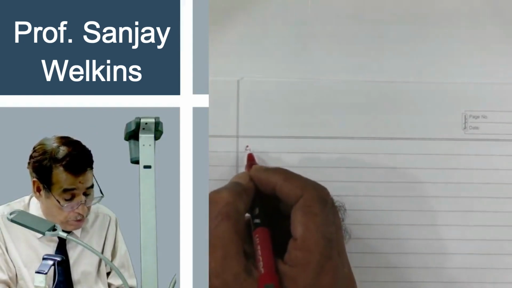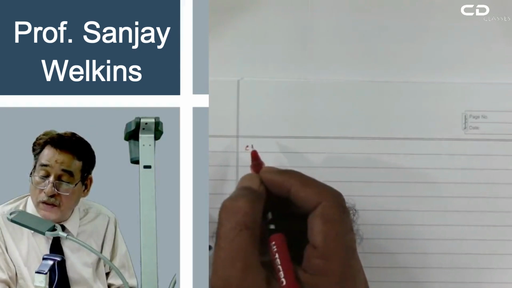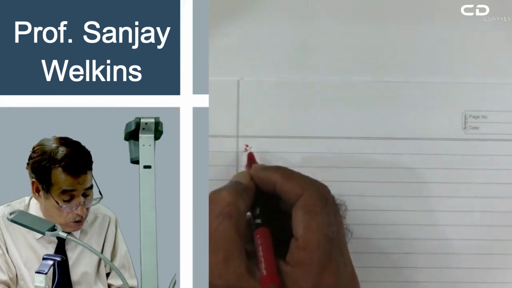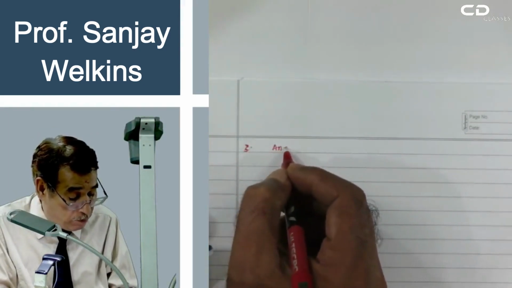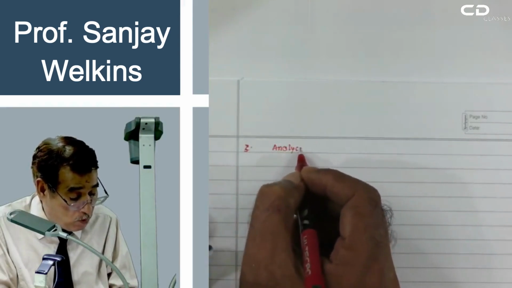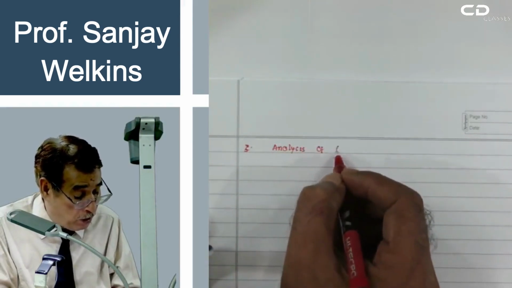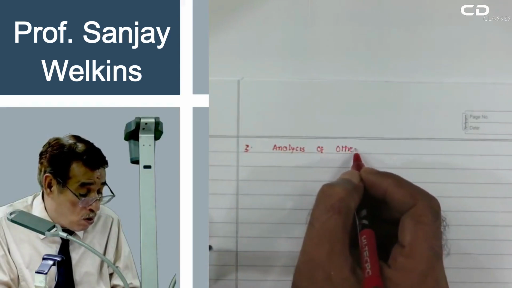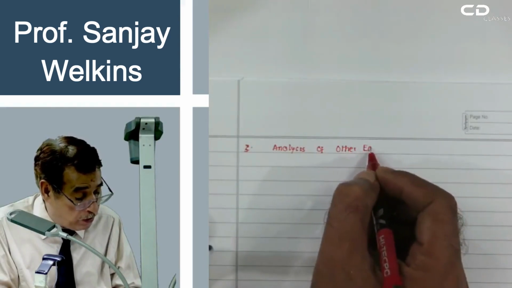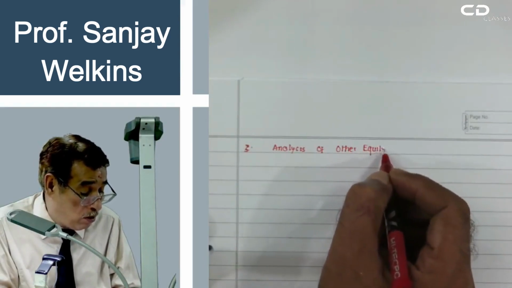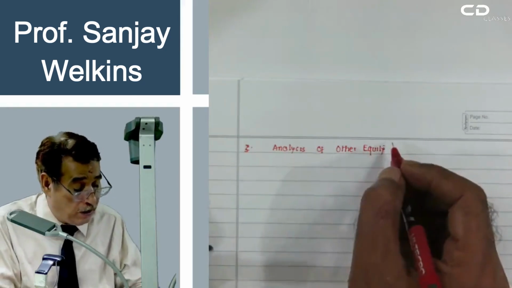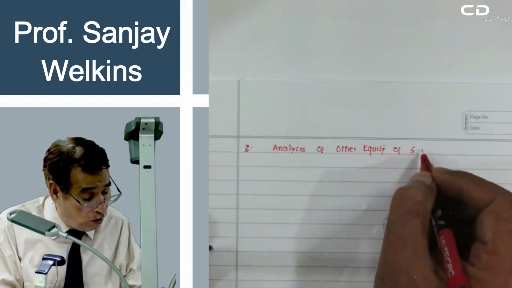So the step number C or step number 3, whatever it is, analysis of other equity. Other equity means reserve and surplus of subsidiary company of S Limited.